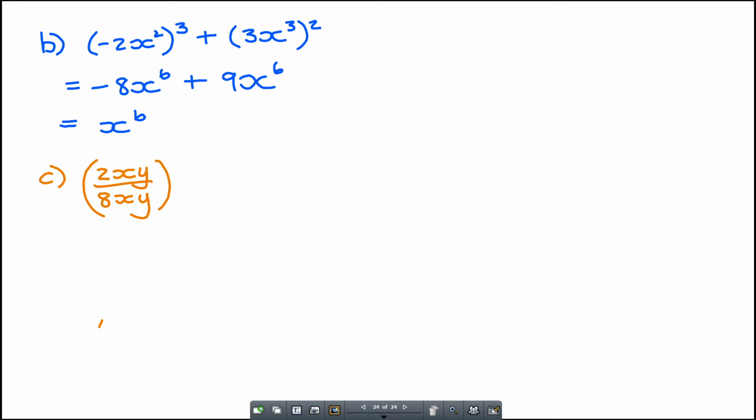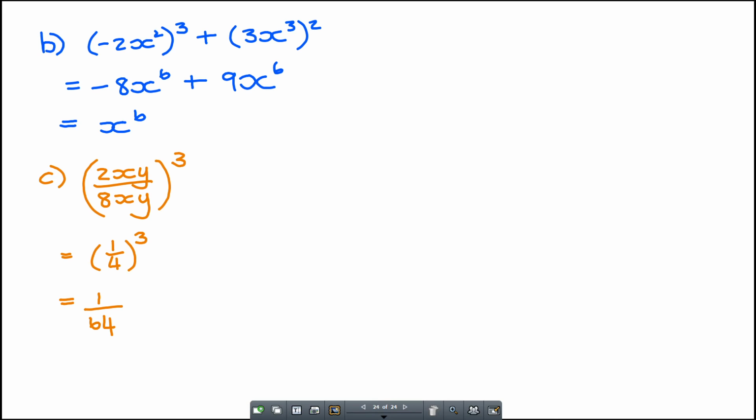Okay, now over here, people, you could have first simplified inside that bracket, and then, can you see the x's will cancel out and the y's will cancel out? So I'm actually only left with 1 over 4 to the power 3. Do you see that? And 1 to the power 3 is still 1, and 4 to the power 3 is 64.